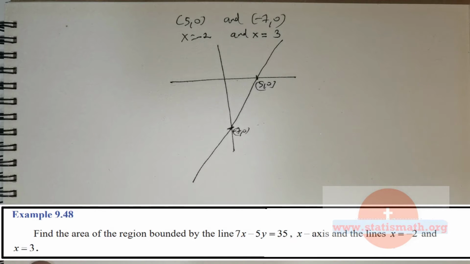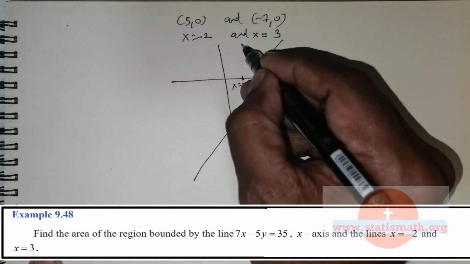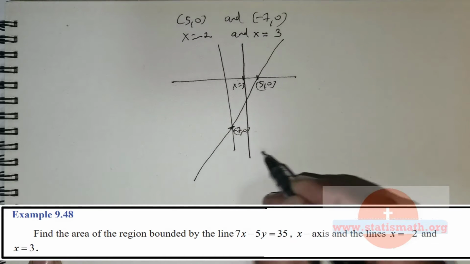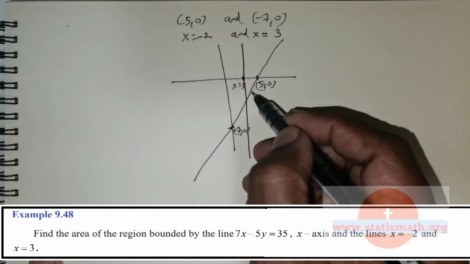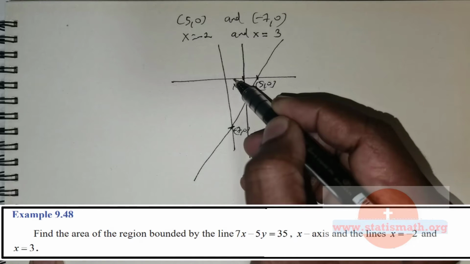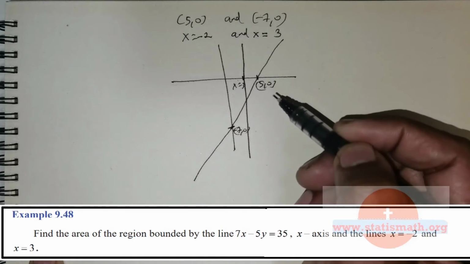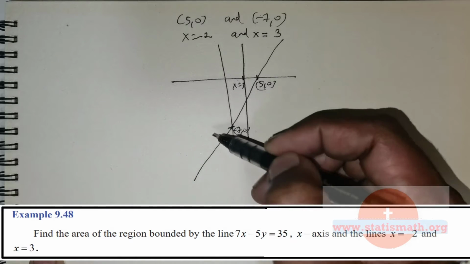Now we have got x = 3. So if this point is going to be x = 3, then it's going to be something like this. And x = -2. If this point is going to be x = -2.